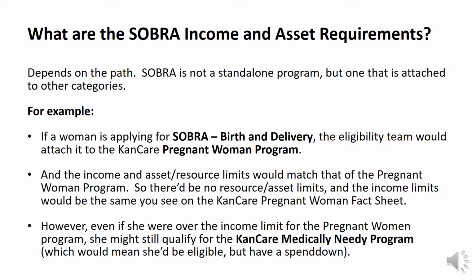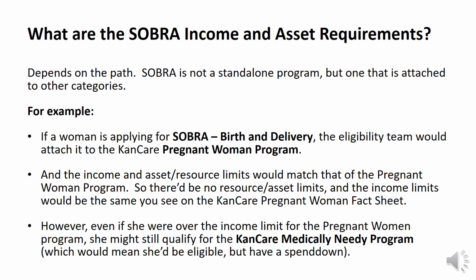What are the SOBRA income and asset requirements? It really depends on the path. SOBRA is not a standalone program, but one that is attached to other categories. For example, if a woman is applying for SOBRA birth and delivery, then the eligibility team would attach it to the KanCare Pregnant Women program, because that's the one that fits.